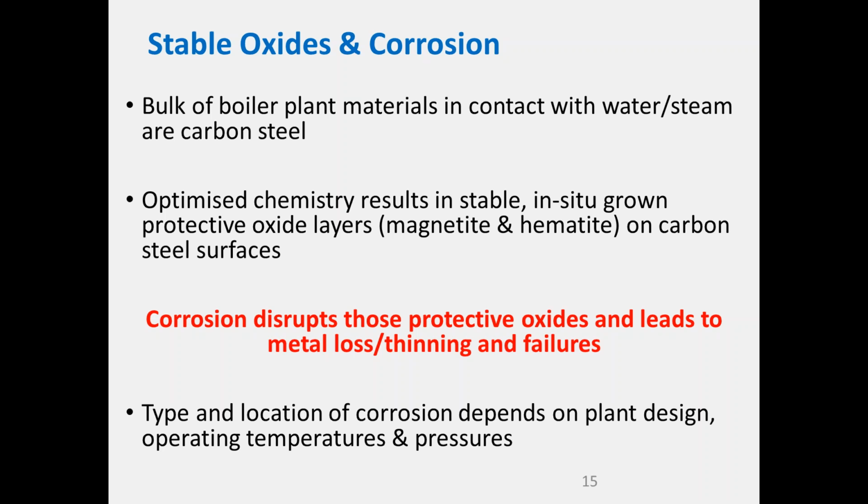It's a very quick, very self-limiting reaction where you get a few microns of oxide formed, and it's in situ growing and it stays there. Corrosion disrupts that, or heavy deposition will deposit more material on top of that and then result in more problems. So that's basically what corrosion is. It's just disruption of those oxides. Material gets lost from underneath the oxide, and then you'll get thinning and failures.